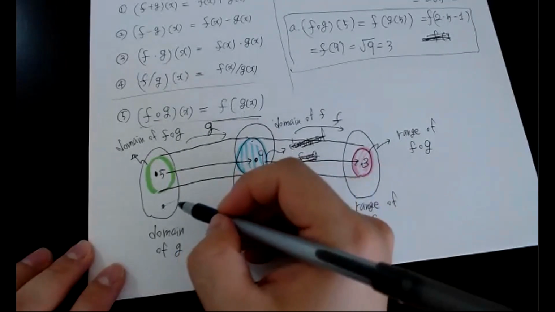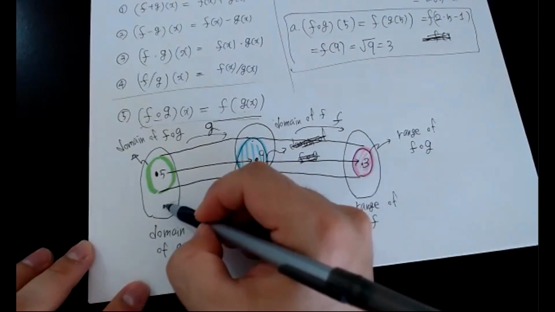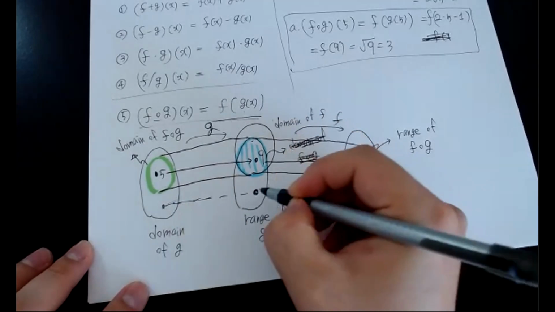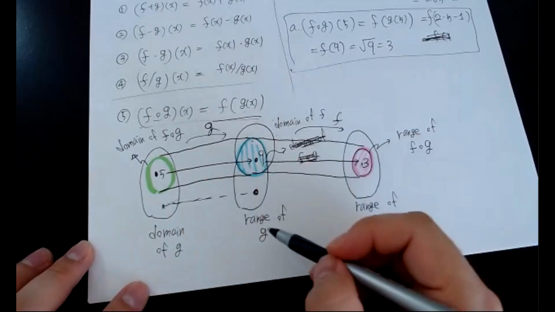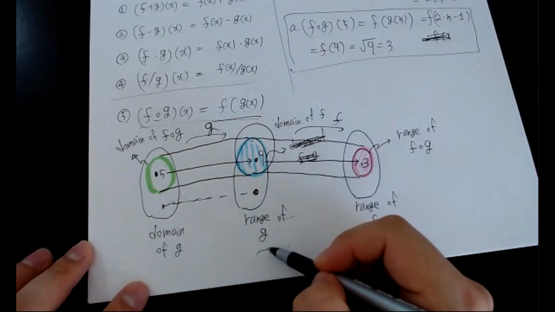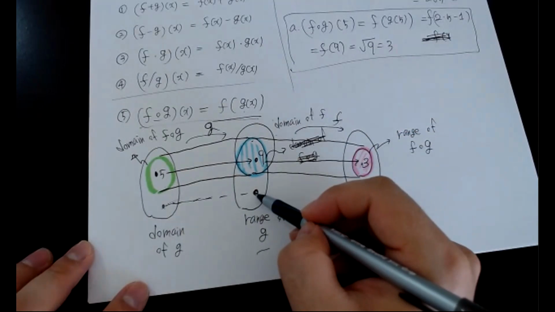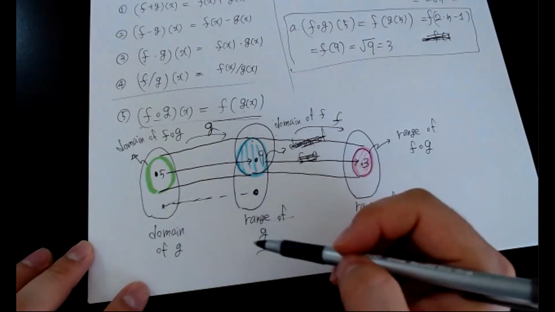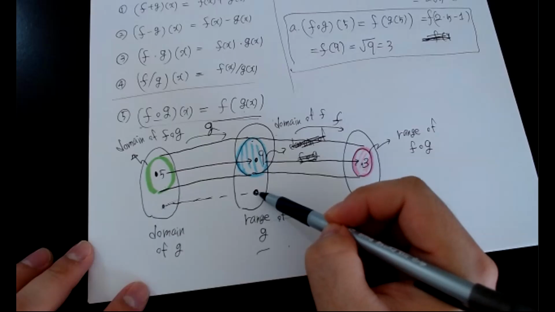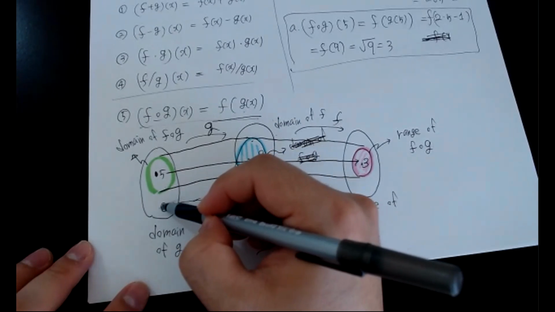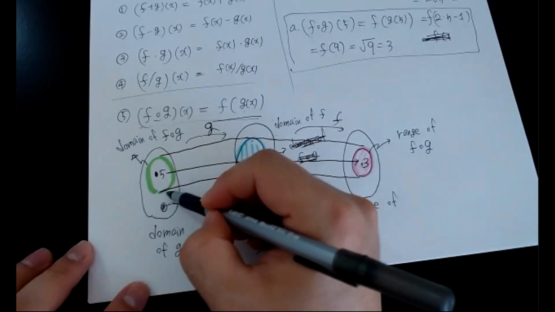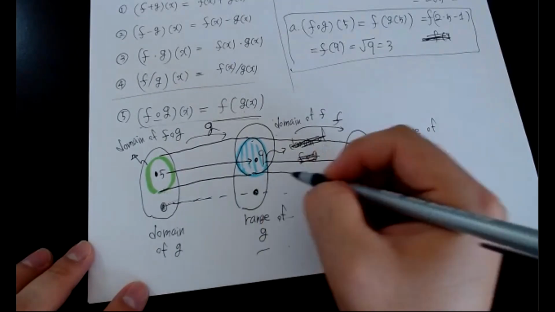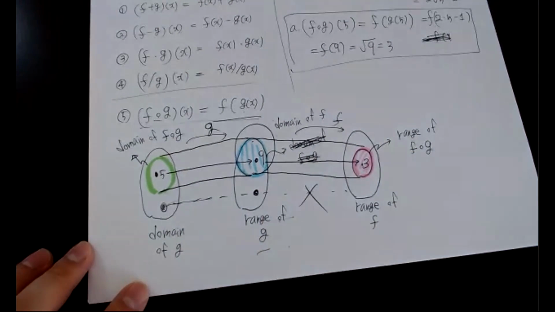What I mean is, when you find the y value corresponding to that number through g, that value goes to a number which does not belong to the intersection of the domain of f and the range of g. So f of that number does not exist, because that number is out of the domain of f, so we cannot evaluate f there, which means this number should not belong to the domain of the composition of f and g, right?